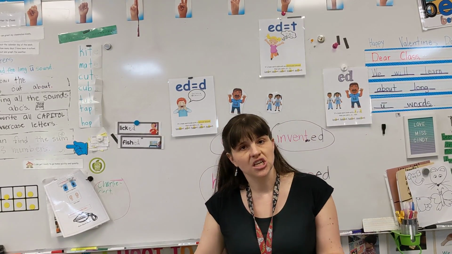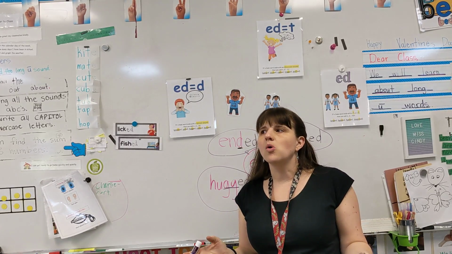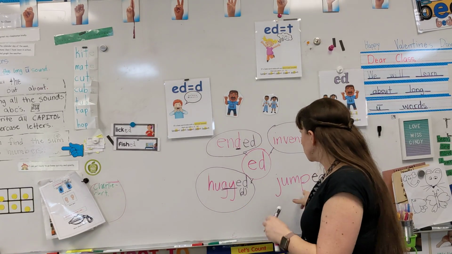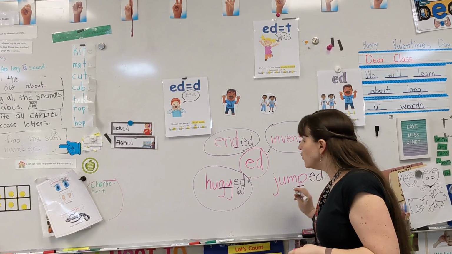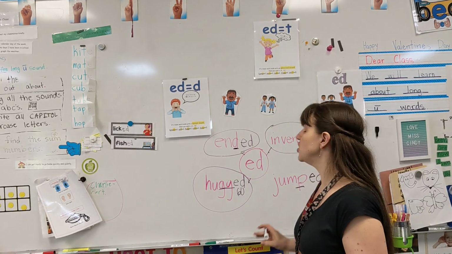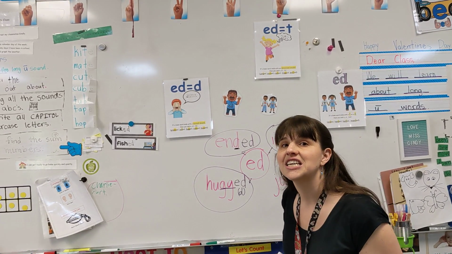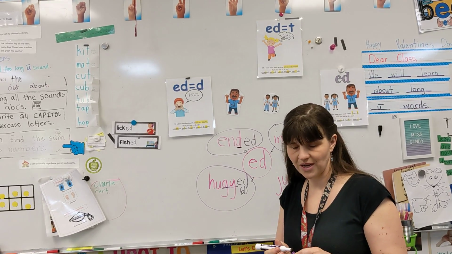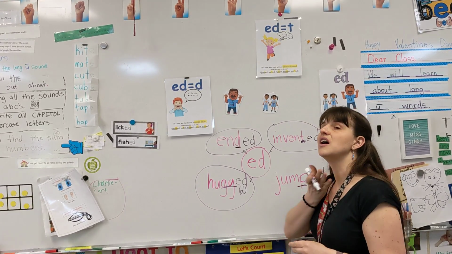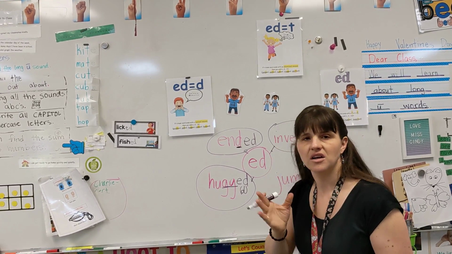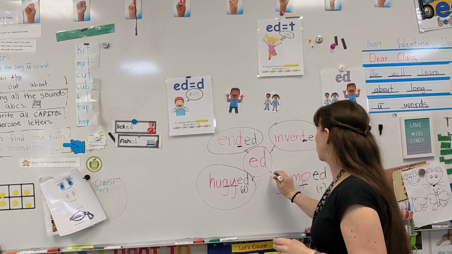I jumped on the trampoline. Oh, so if a base word ends with an unvoiced sound, then you add ED and it says T, like the tickling turtle, right? So look, it ends with a P. That doesn't make my voice vibrate at all.